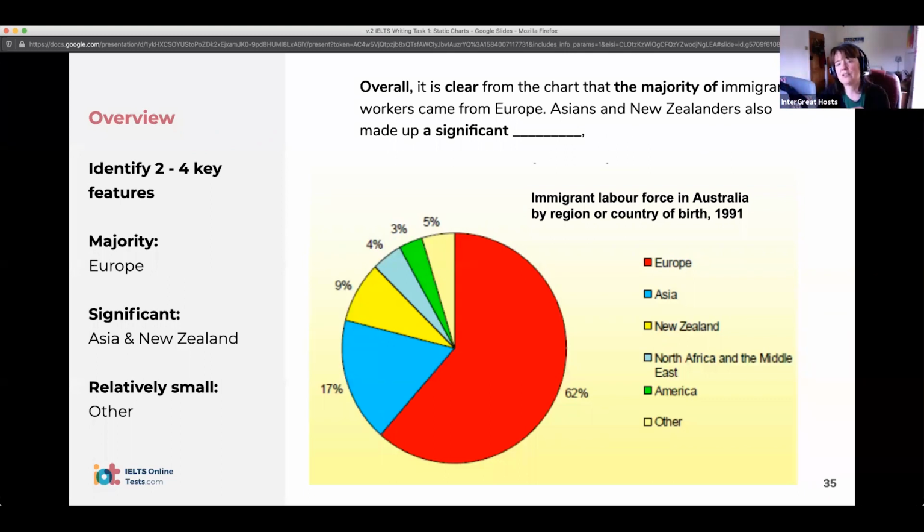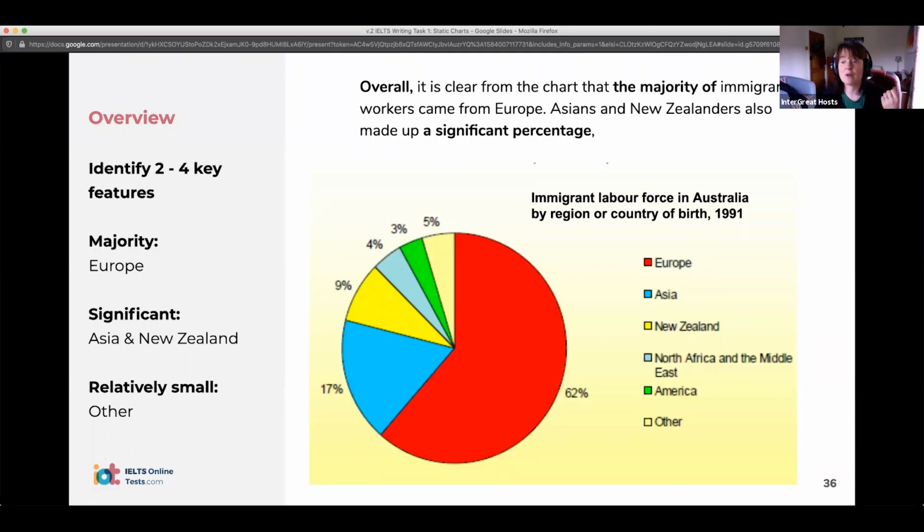So Asians and New Zealanders make up a significant, okay, quota would work. Yeah, number or percentage. Remember, when you use it as a noun, it's a percentage or a significant proportion, something like that. And if you notice here, rather than using the country, which is in the key, we changed it to the nationality.